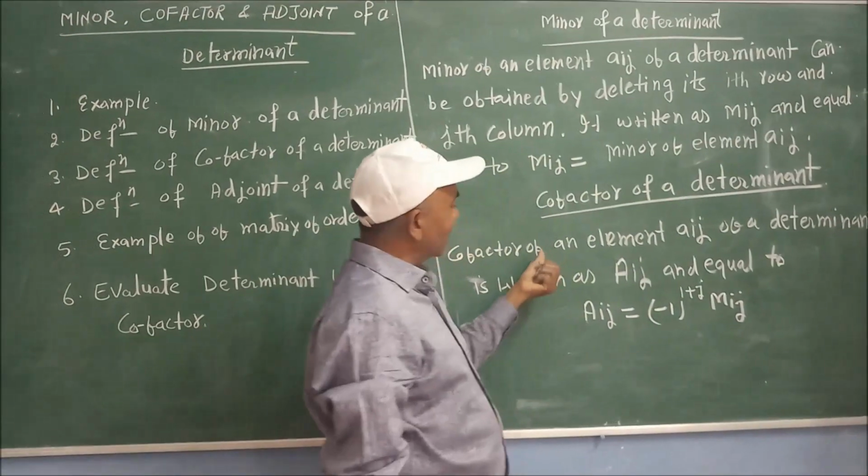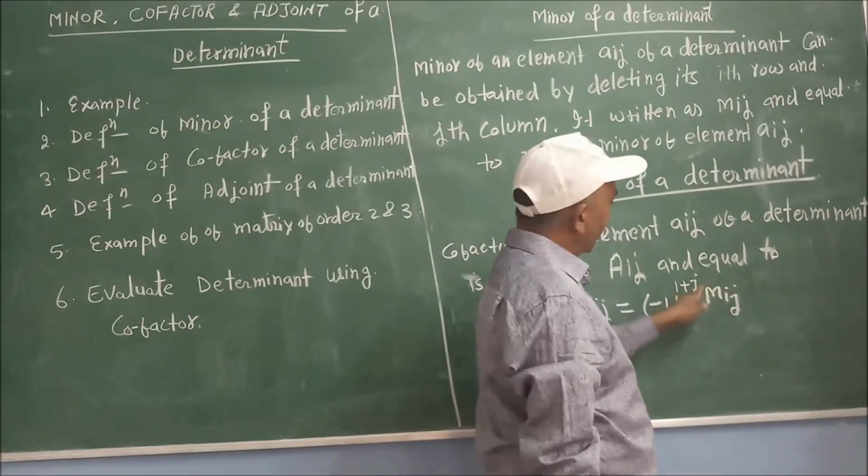So a cofactor can be obtained by simply this is your minor of the determinant.